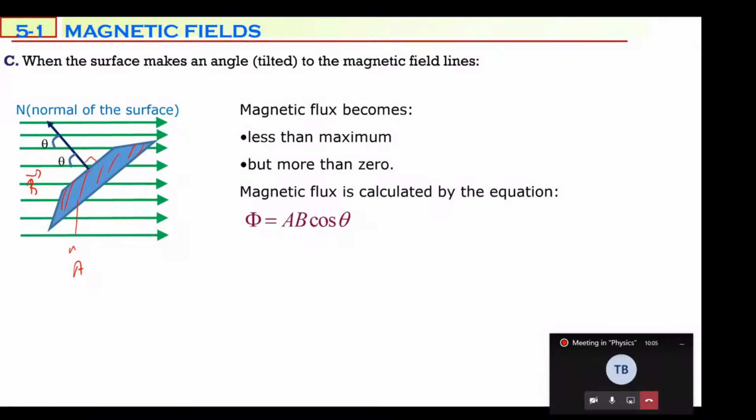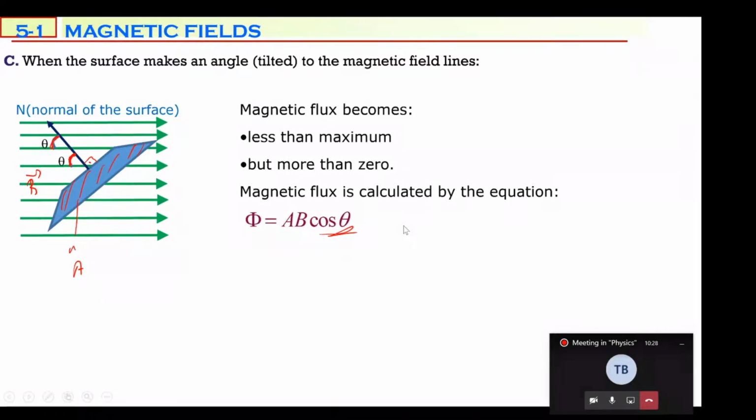This normal is perpendicular to the surface, and you get the angle between the normal and the magnetic field lines, which is theta. We are going to use this not so often, but this is the equation to calculate the magnetic flux: AB cosine theta.